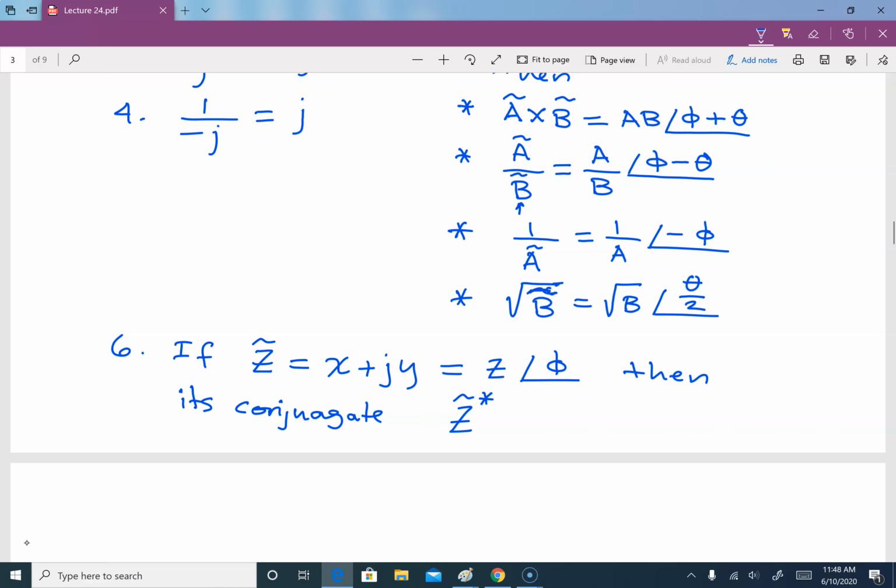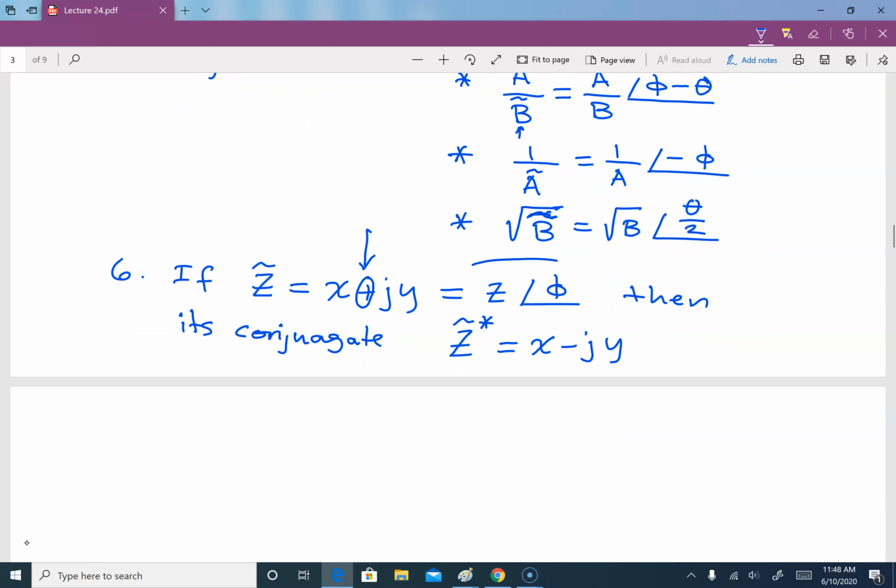If it is in rectangular form, we will just flip this sign, so that means x minus jy. If it is in polar form, then our z conjugate will be z, and you flip the sign of the angle.